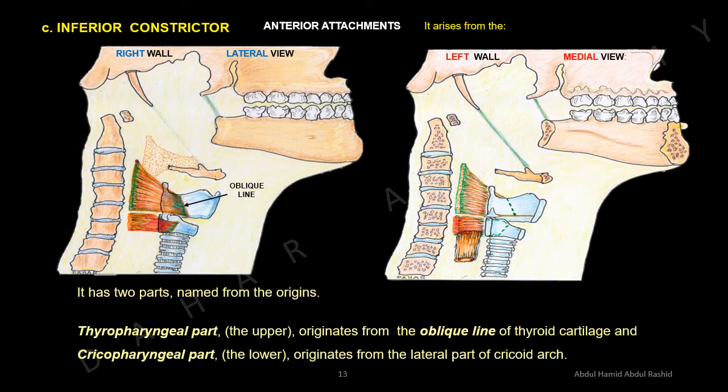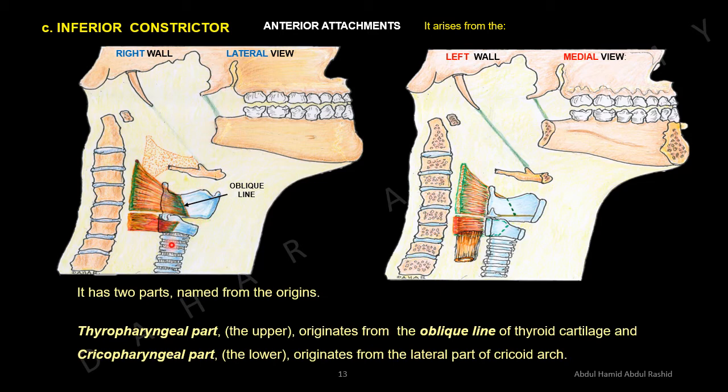Now, inferior constrictor, we are going to discuss the anterior attachments of the inferior constrictor. You can see here, this is the thyroid cartilage, this is the cricoid cartilage. This is the lateral surface of the thyroid cartilage, and the oblique line is there.